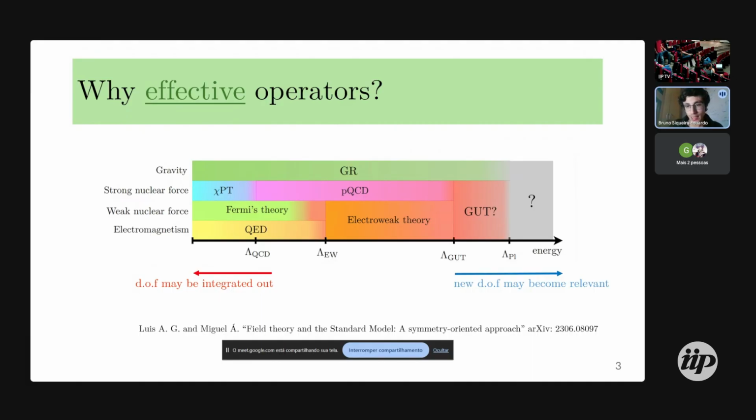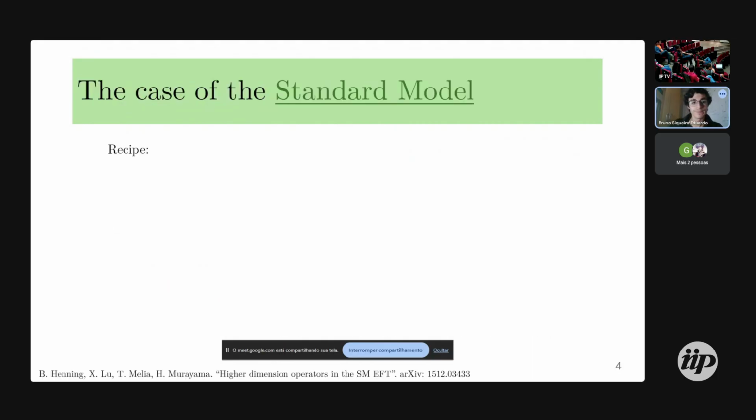As you go to higher energies, heavier fields may start to come into play. And if you go to lower energies, you can integrate out your heavy modes and work with a low energy effective field theory. So that's more or less how this approach works.